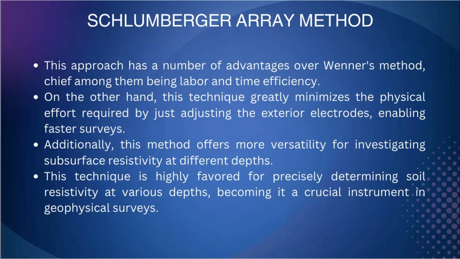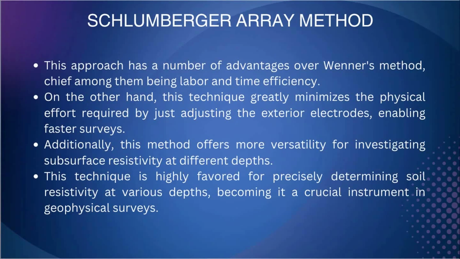In Werner's method, it can be labor intensive and time consuming to relocate all 4 electrodes at a time. But here, since the potential electrodes are fixed at their position, we need less labor, hence fewer people, to move the current electrodes during measurements. Additionally, this method offers more versatility for investigating subsurface resistivity at different depths.